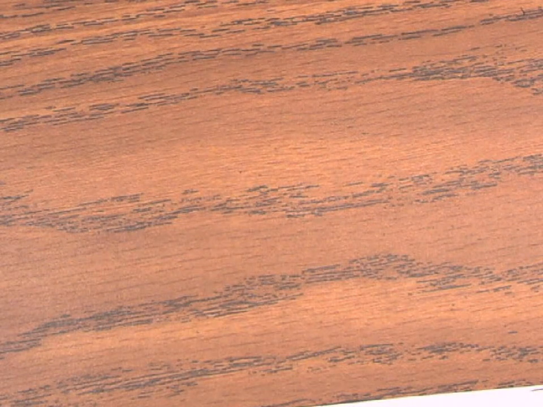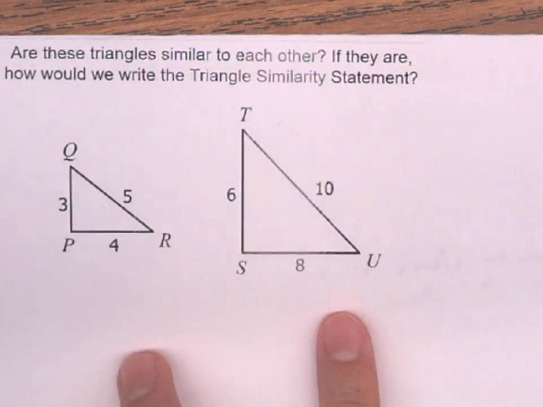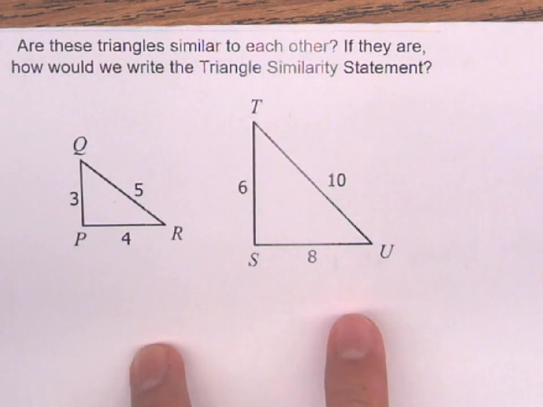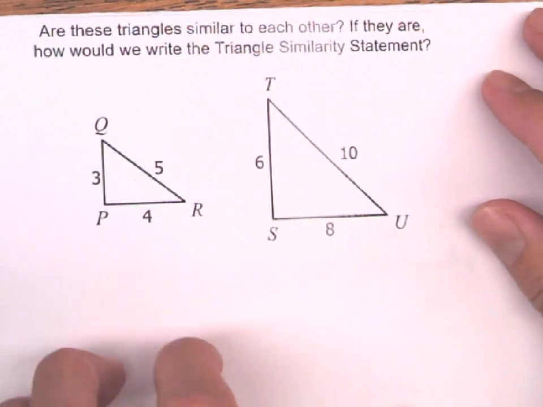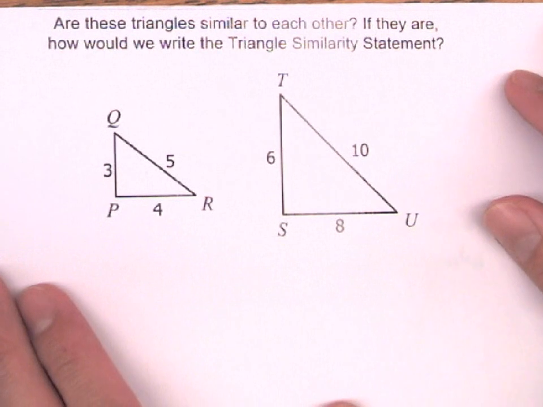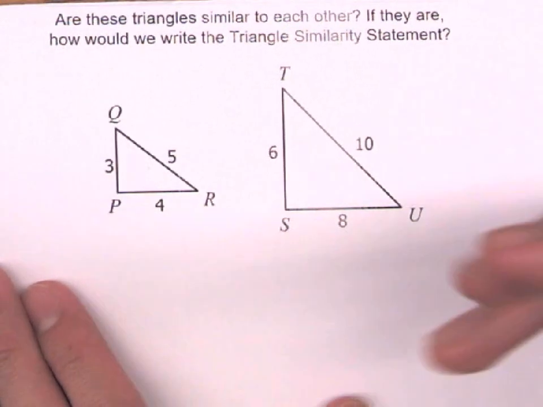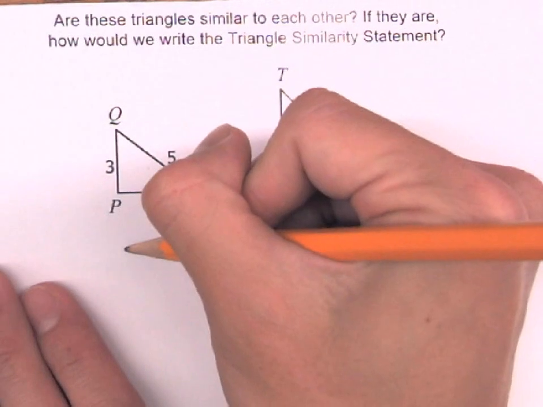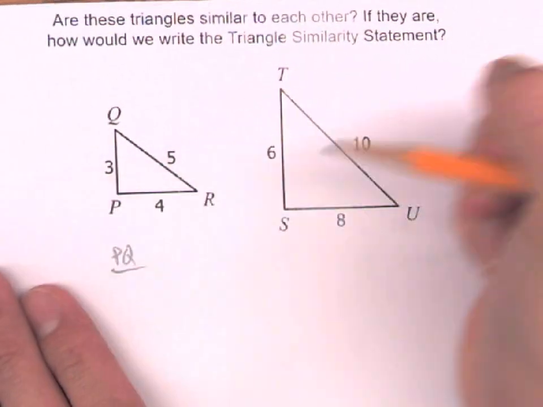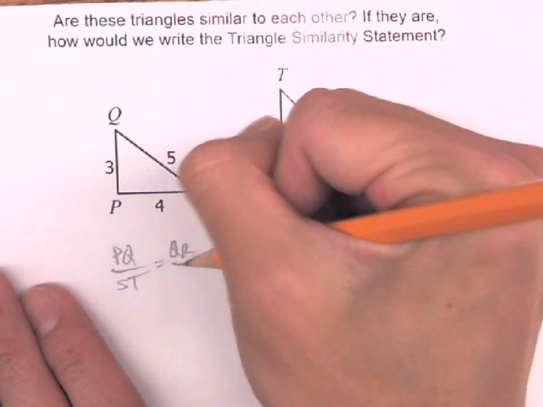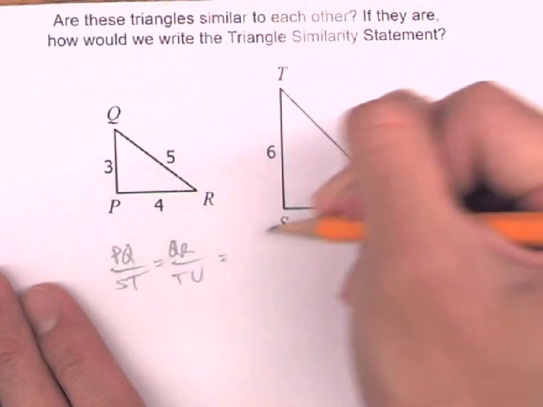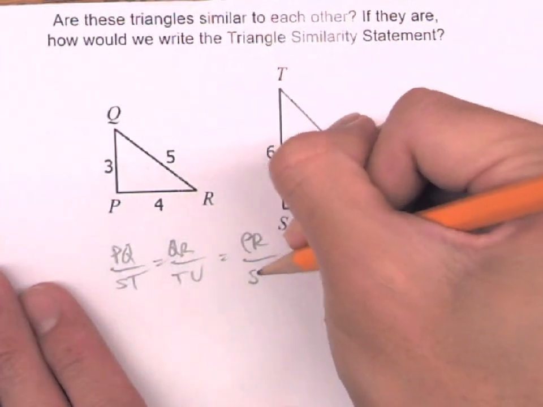Okay. So I have one more example. This is my last example that I have for you. Are these triangles similar to each other? And if they are, how would we write the triangle similarity statement? If we try to figure out if these triangles are similar to each other, PQ divided by ST equals QR divided by TU equals PR divided by SU.